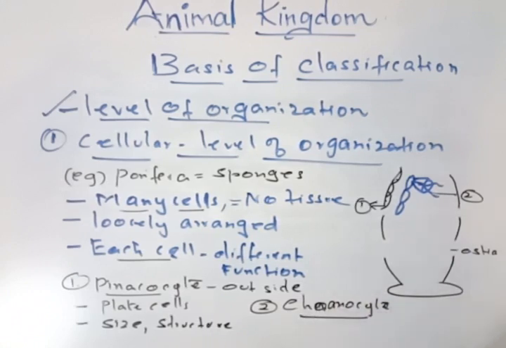Conocytes. Now the role of this conocyte: it is on the inner side, present inside. It looks like a flagellated structure, present in the form of a flagellate.